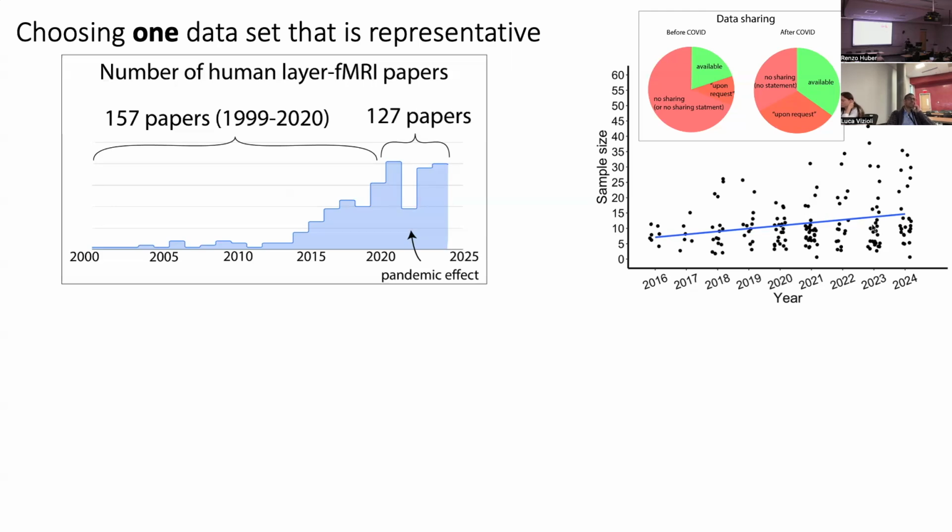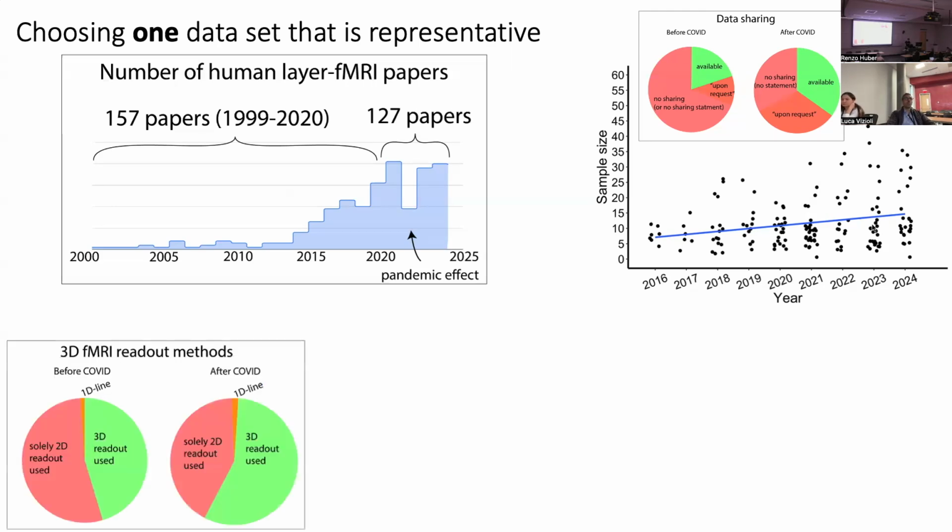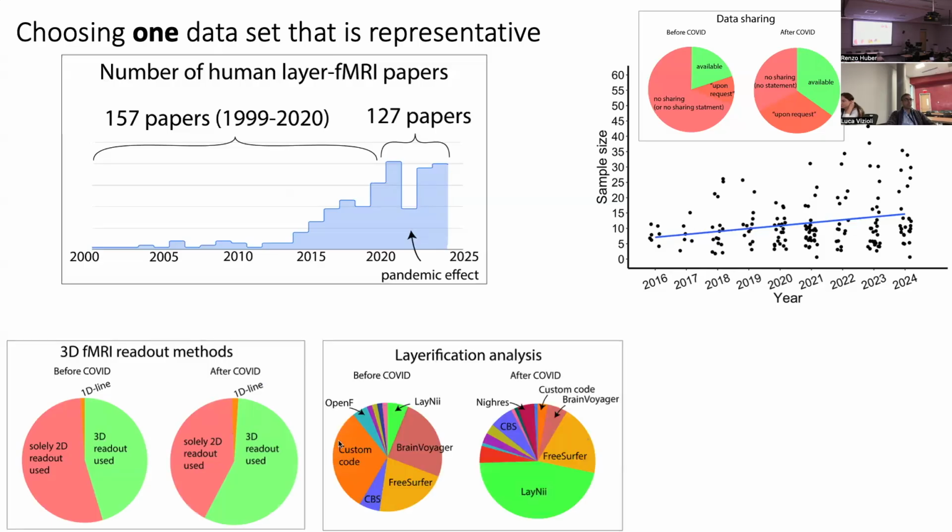However, this data set needs to be somewhat pipelinable. Also, as we're moving along, as Jonathan said, the readout, the sampling scheme, changes a bit. Specifically after COVID, the majority of papers use 3D encoding methods. So different from the workshop 2 years ago, we also use a 3D EPI readout now.